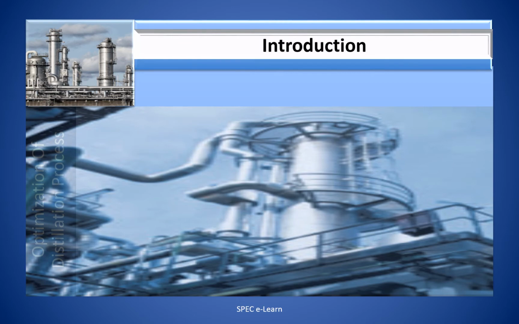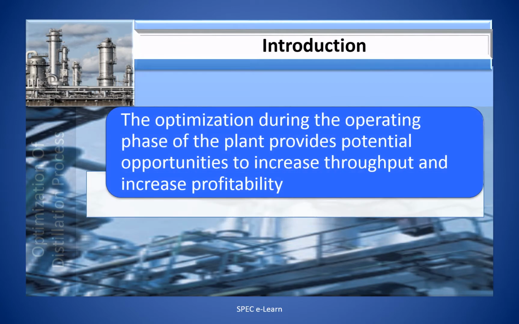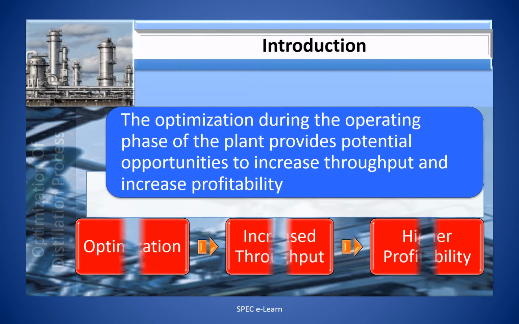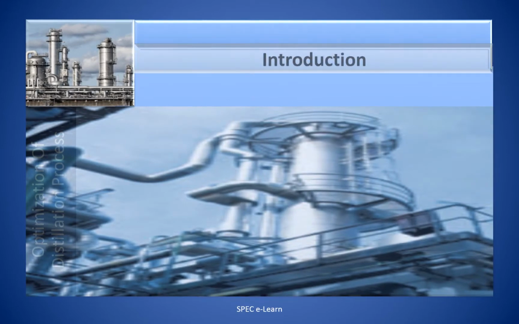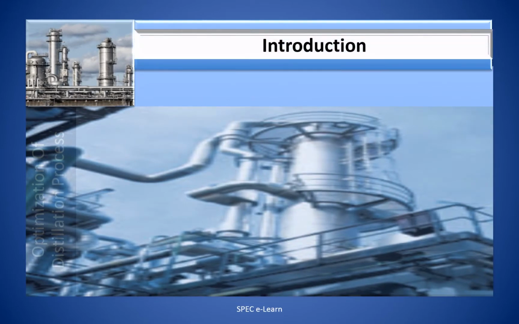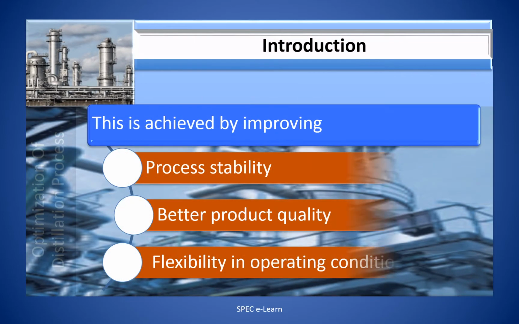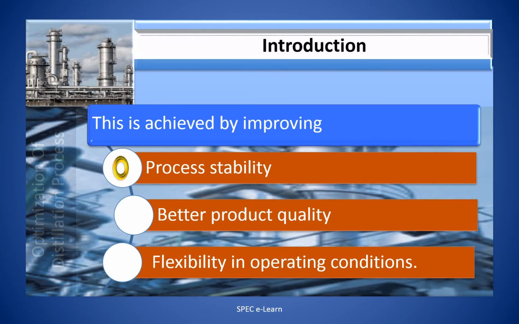The optimization during the operating phase of the plant provides potential opportunities to increase throughput and increase profitability. This is achieved by improving process stability, better product quality, and flexibility in operating conditions.